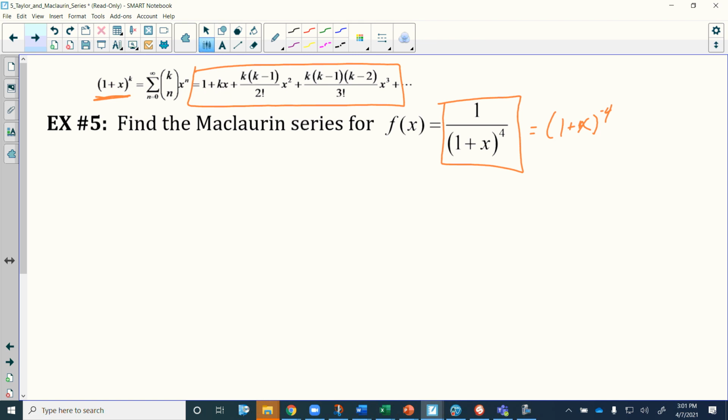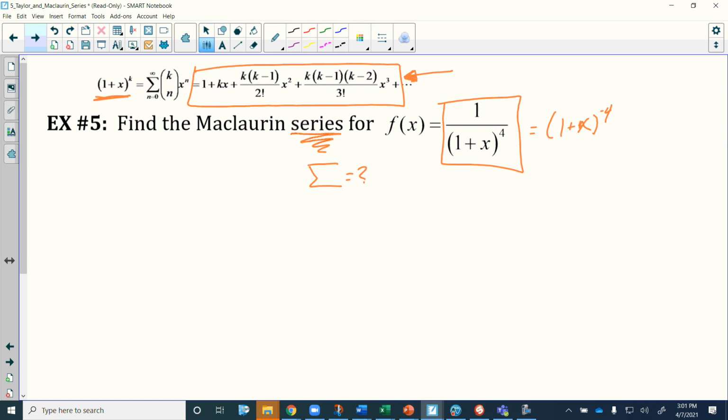But when they say series, I'm usually thinking we want something that looks like this. What's that going to be? But I think in this case, we'll just stick with this here. If we need to actually write a series, we could do that, but let's stick with the binomial expansion as given to us.